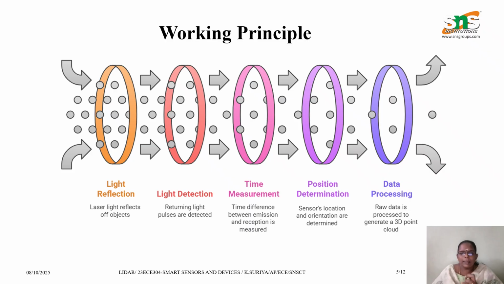Finally, the raw data collected by the LiDAR system is processed to generate a 3D point cloud. This involves correcting the errors, filtering the noise, and georeferencing the data. So, this is the process of LiDAR technology.